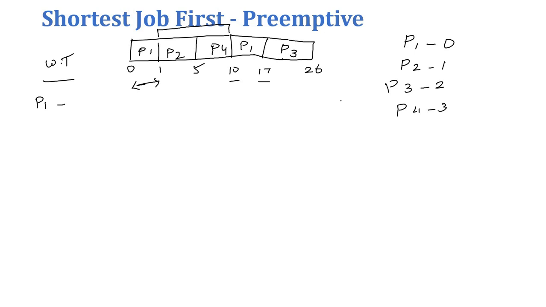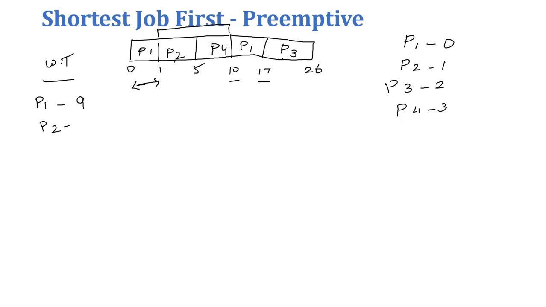That is the meaning here. P1 gets the chance initially and after 1 minute it leaves its process. Again at the time of 10, P1 gets the chance. So this is P1's waiting time: 10 minus 1, so the P1 waiting time is 9. Clear?